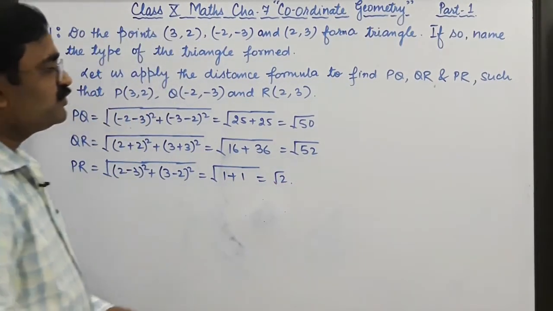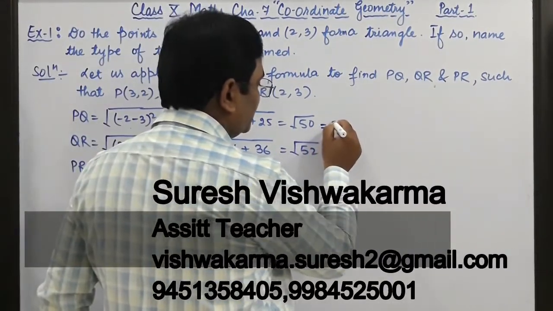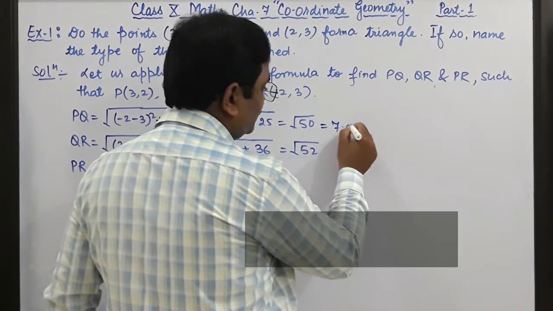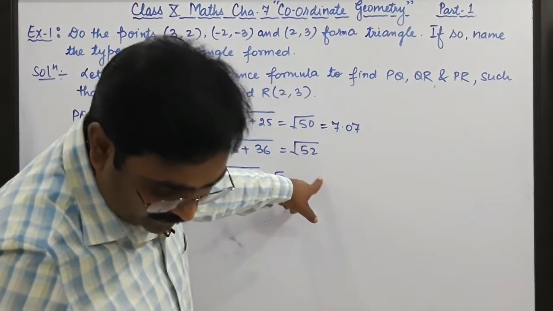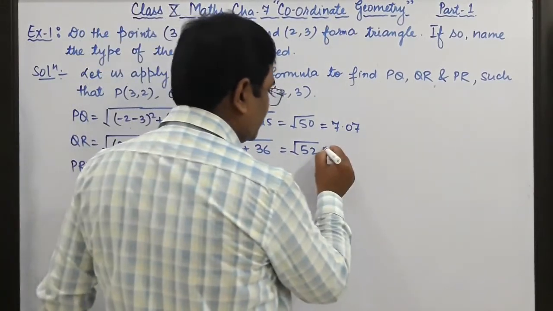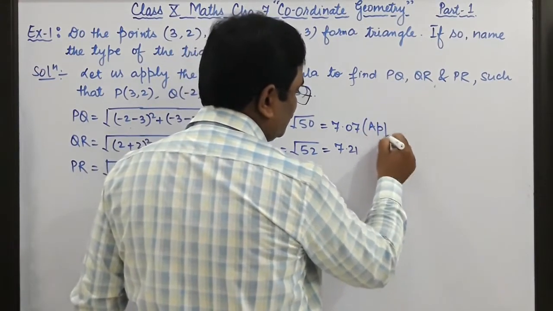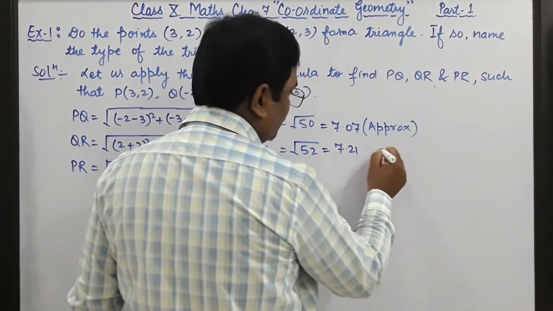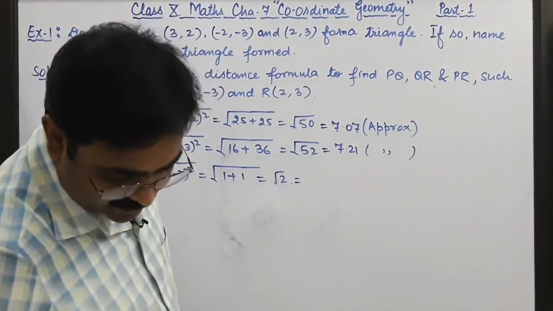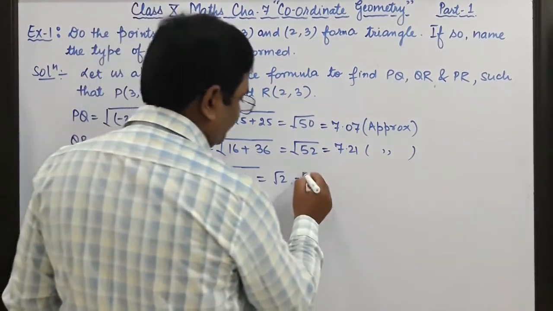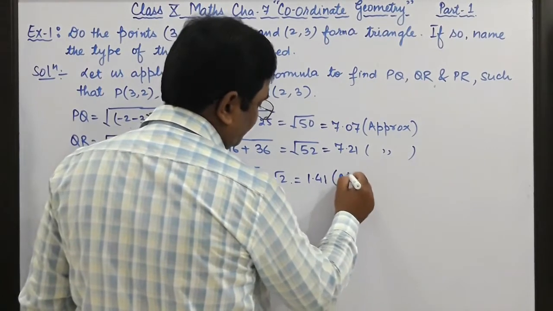Now see the values. This root 50 is approximately 7.07. Square root 52 is approximately 7.21, and under root 2 is approximately 1.41.